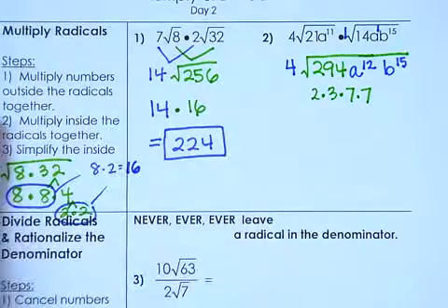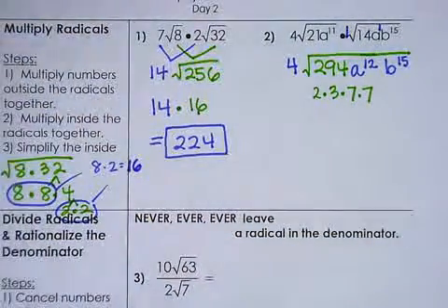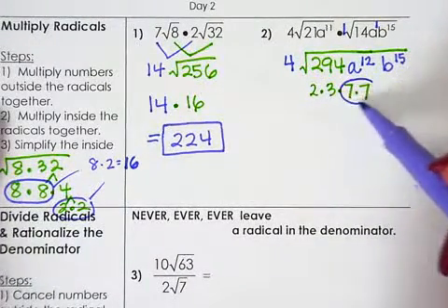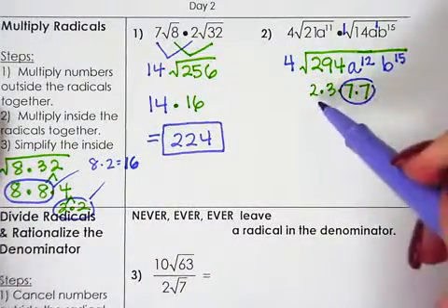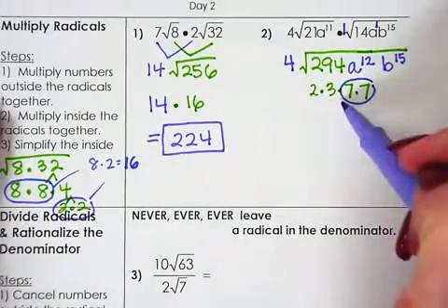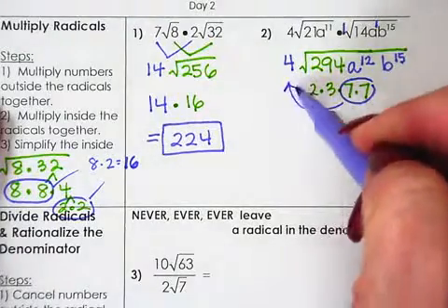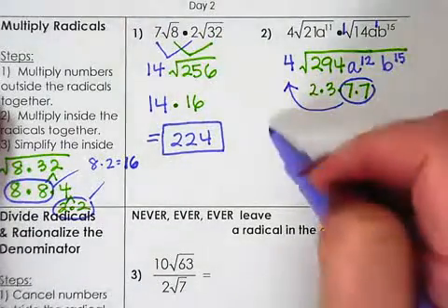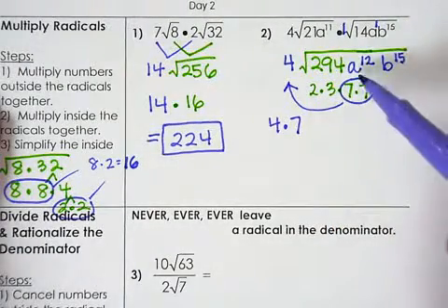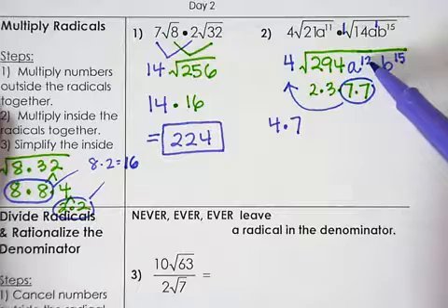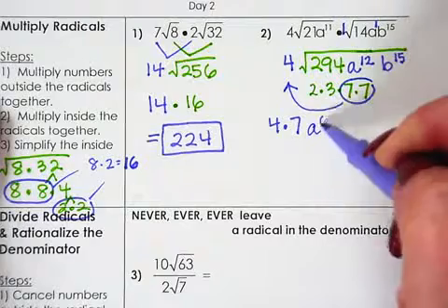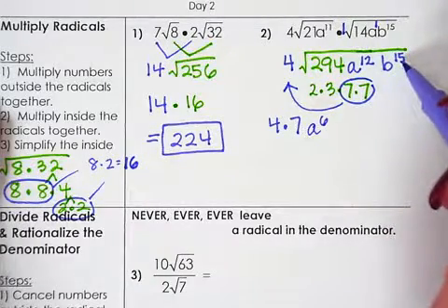So what that means then, when I was doing my reverse division, or upside down division, is I end up with a pair of 7s that go outside, and then the 2 and the 3 get multiplied back together to stay inside. So this 7 is going to get multiplied up here with the 4. And then I have a to the 12th power. So how many pairs are there? There's 6 pairs. And then I have b to the 15th power.